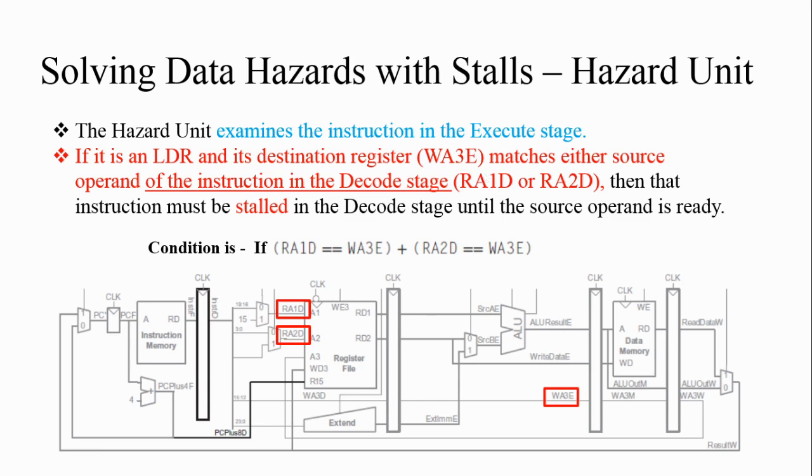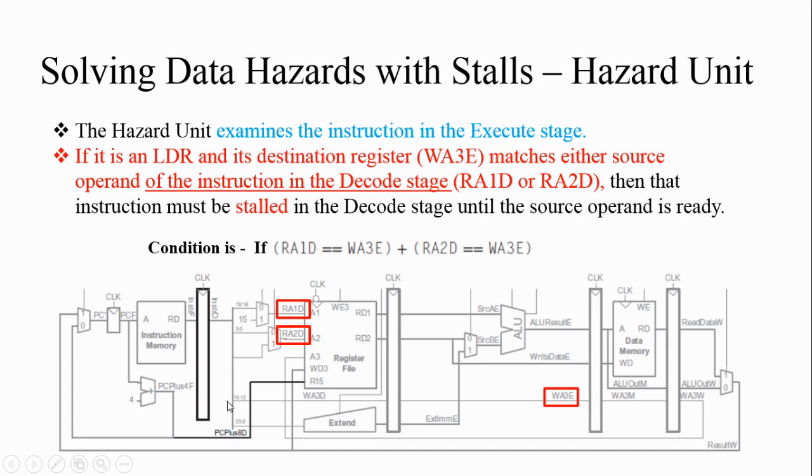Then you should generate the control signals for stalling. So this will be the condition for generating the stall. RA1D is the first input to the instruction in the decode stage, and RA2D is the second input. If these are equal to the output of the LDR, which is its destination register, then stalling should happen.